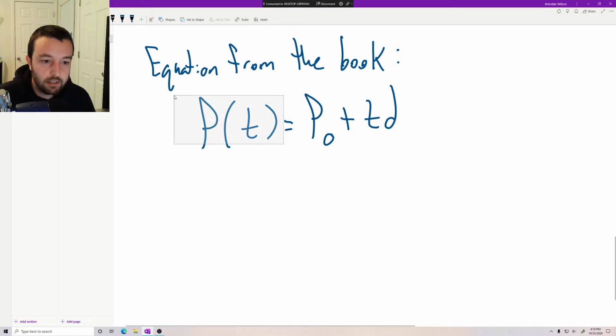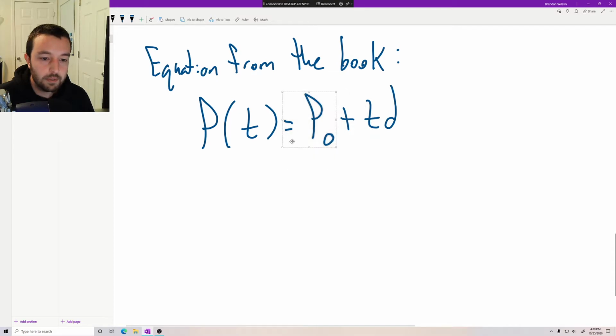So p of t is using what's called function notation. We have not talked about functions. That's something you would study in college algebra a lot. Essentially, what's in the parentheses here, the t, that's telling you what your variable is. So t is the variable, and then the rest of it should be numbers that you know.